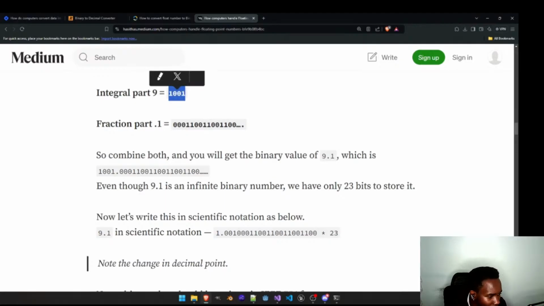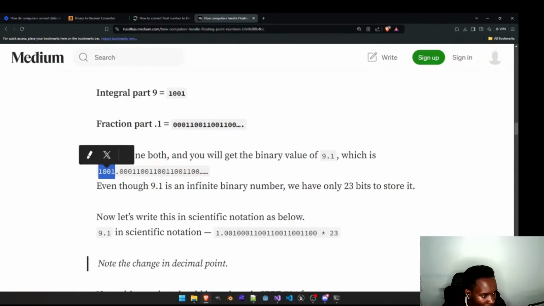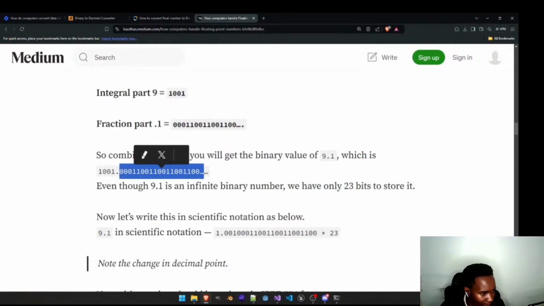This is the value of 9, and this is the value of 0.1. So it's nothing different from what we are used to. Then here, even though 9.1 is an infinite binary number, we have only 23 bits to store it.